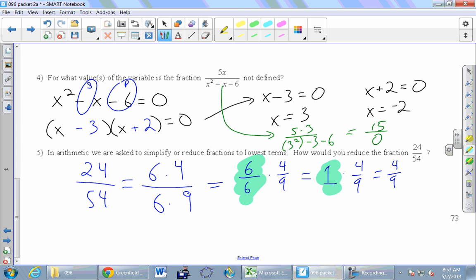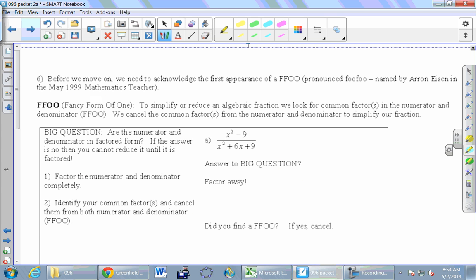And so we're going to be looking for things that are just exactly the same on top and bottom and say, oh, that's really just a 1. Okay, first giving credit. We're going to call that a foo-foo, named by this particular author in a publication called The Mathematics Teacher. So foo-foo, fancy form of 1.